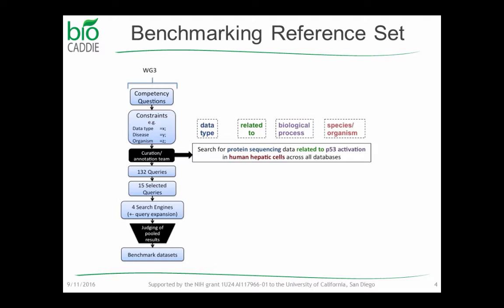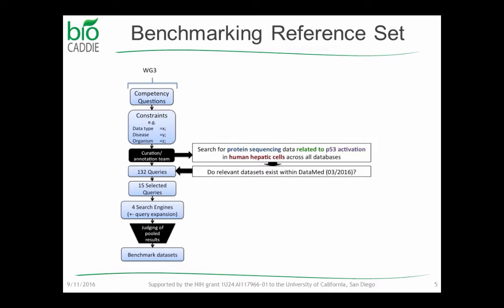They had expertise in biology and pharmacology, and they looked at the constraint types and constructed queries for data sets that required meeting those sorts of constraints. Then, from amongst the queries they constructed, they looked to see if we had information in the currently indexed repositories that could answer them.